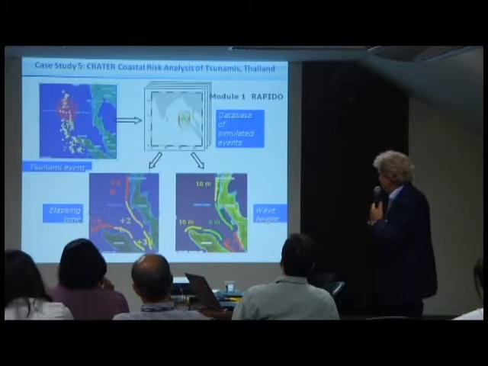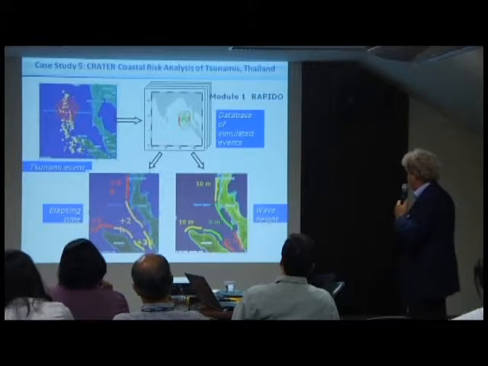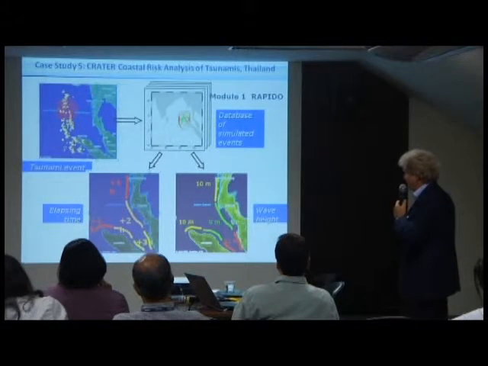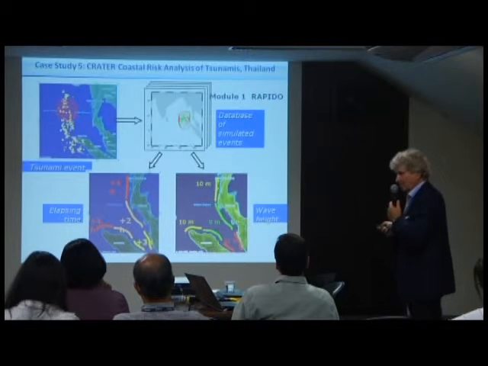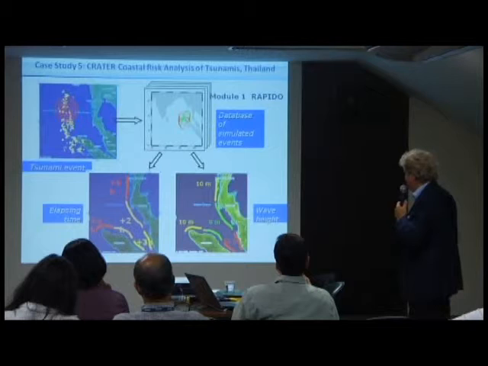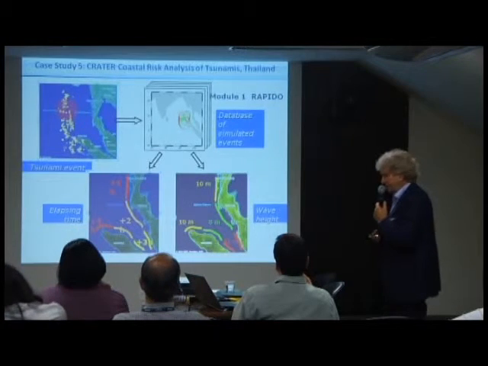Okay, the first module was we prepared a set of database of simulated events in order to give an immediate answer whenever we have a tsunami event, and we can make the calculation of the elapsing time of the wave height in the area concerned.